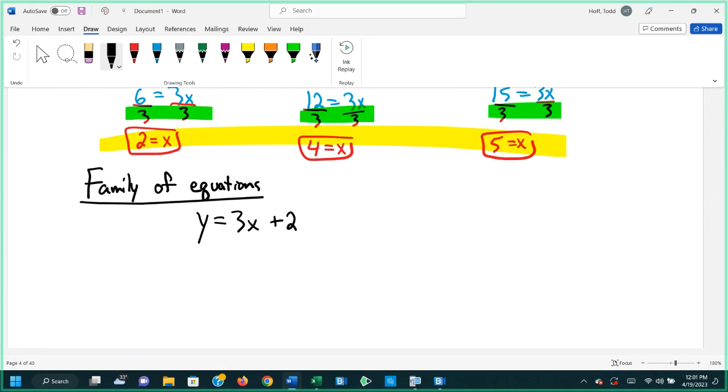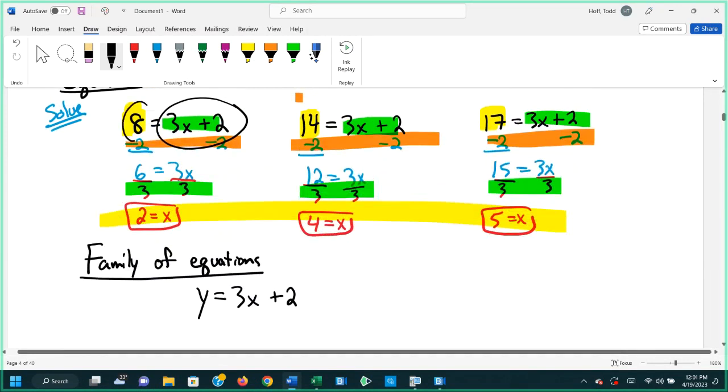Now, as I look at this, y can take on any value, any number we want it to. So there's literally an infinite number of possible values for y, which means there's an infinite number of possible values for x. You can see up here, every time we changed that value, the value for x was different. The same is going to be true down here.